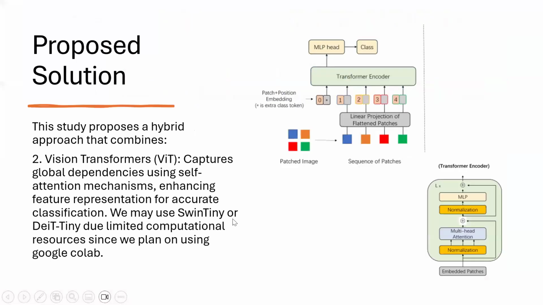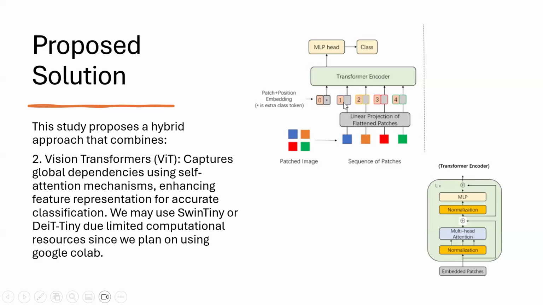So the other thing we are using are vision transformers. These vision transformers capture global dependencies using self-attention mechanisms, enhancing feature representation for accurate classification. We may use Swin Tiny due to limited computational resources, since we are going to use Colab for implementing this architecture.